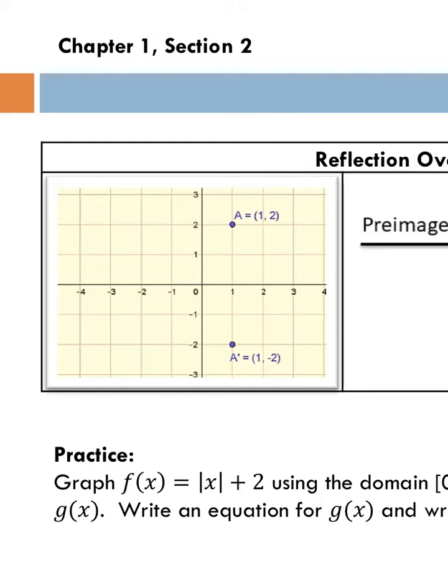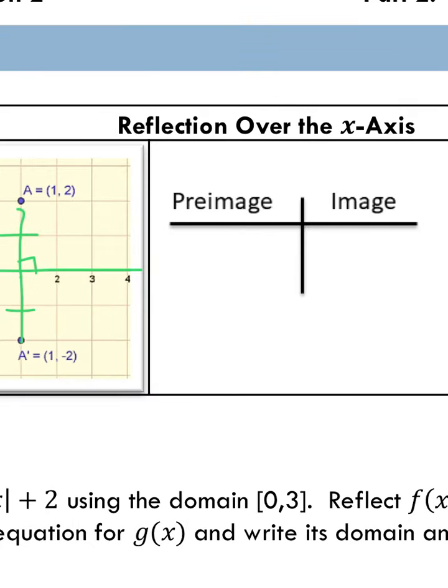Again, that line of reflection, I'm going to go ahead and draw it. The line of reflection this time is the x-axis, and that is a perpendicular bisector to the segment between the pre-image and the image. So again, our pre-image A is at (1, 2). A prime is at (1, -2).